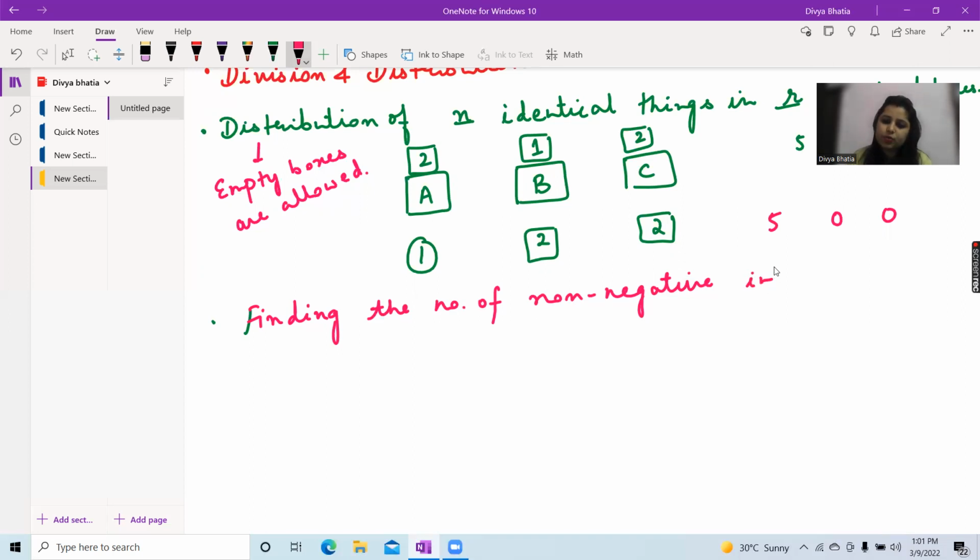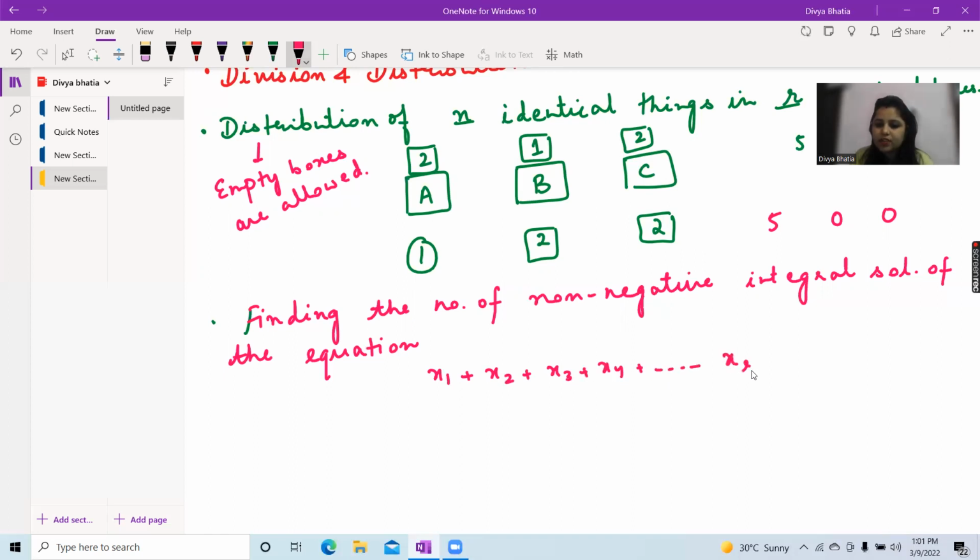Non-negative integral solutions of the equation x1 plus x2 plus x3 plus x4 up to xr equals n. Now you'll ask me how this problem is related to that.